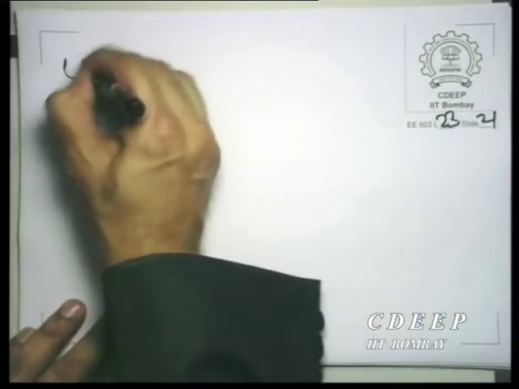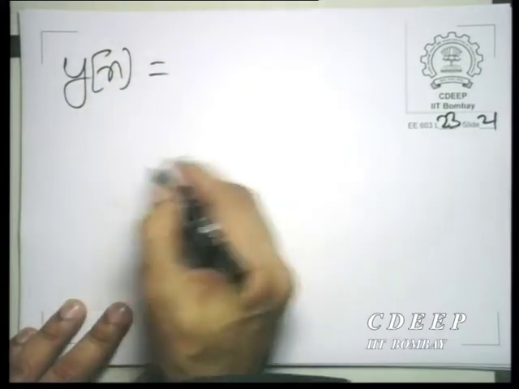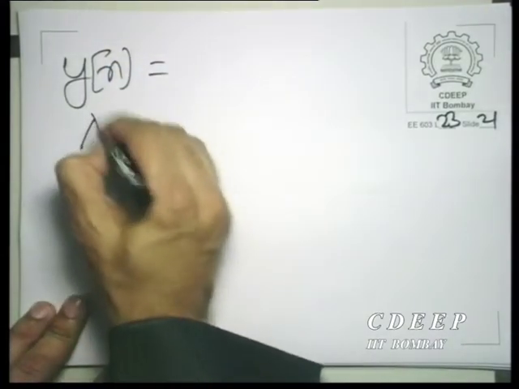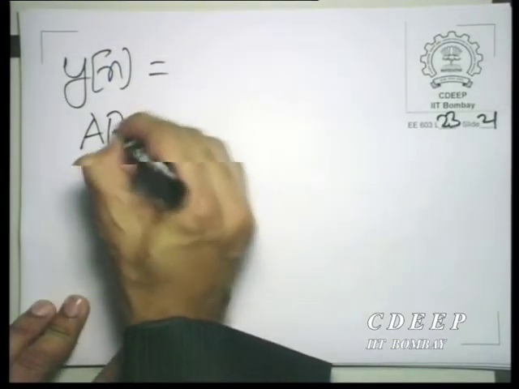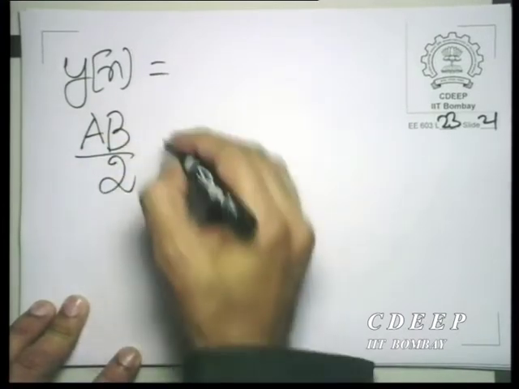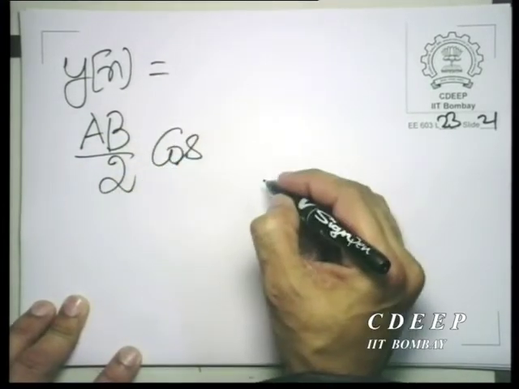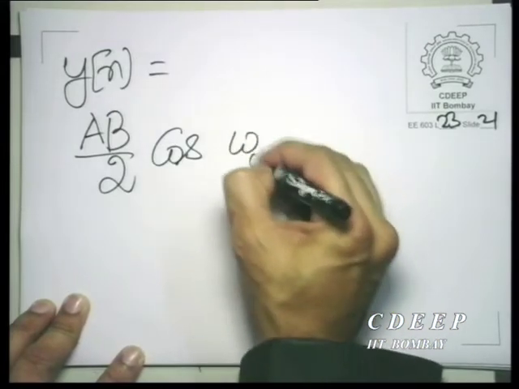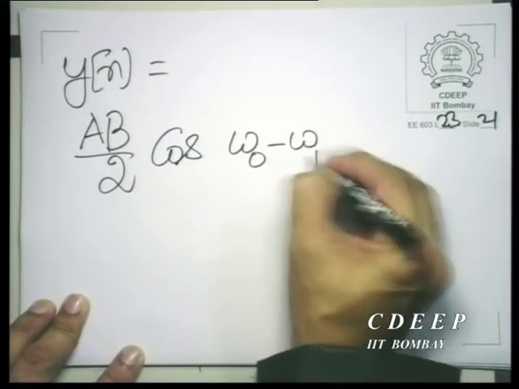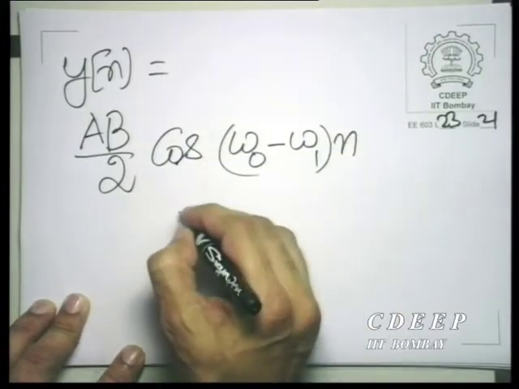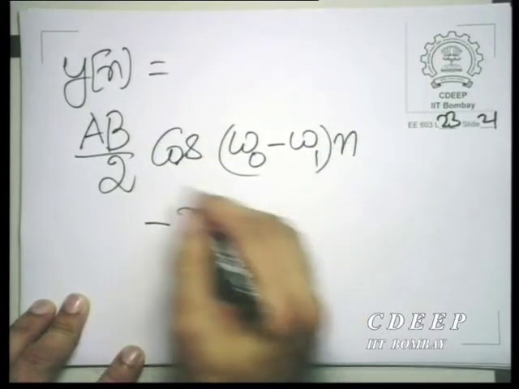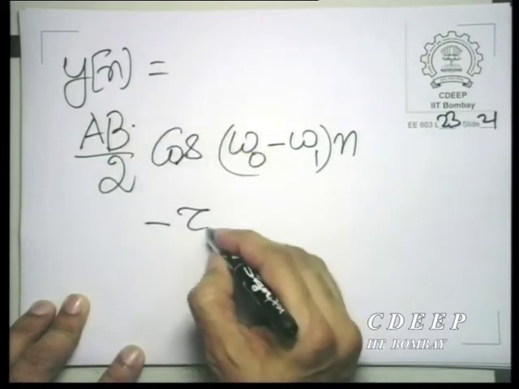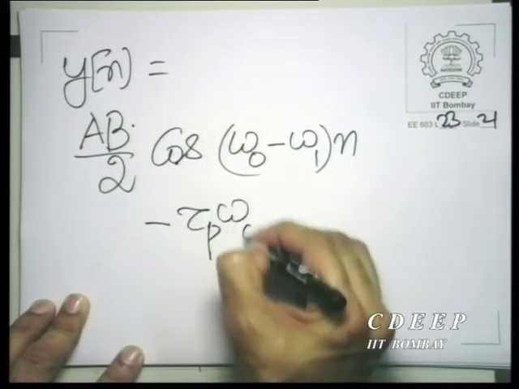So, therefore, the output turns out to be A B by 2. You see, the cos of omega naught minus omega 1 n responds with cos of omega naught minus omega 1 n minus a phase term; this is the change of magnitude and this is the change of phase.